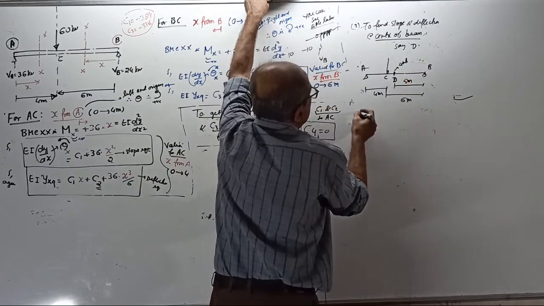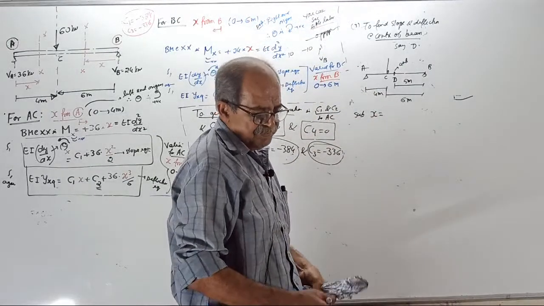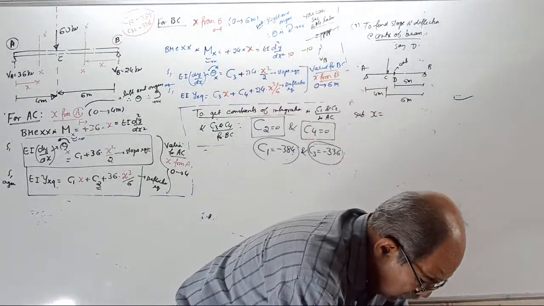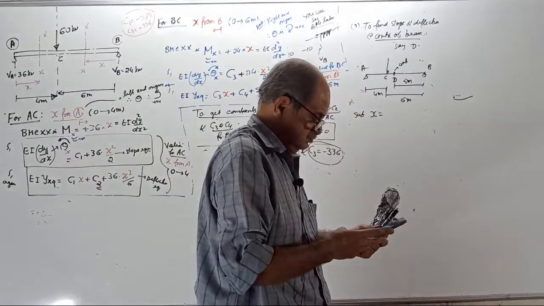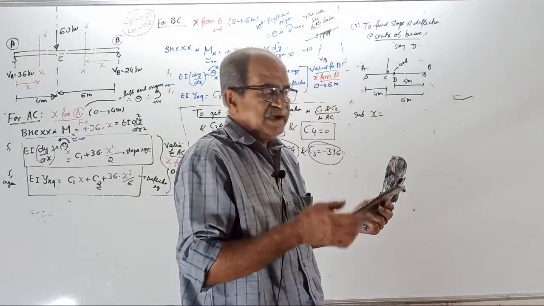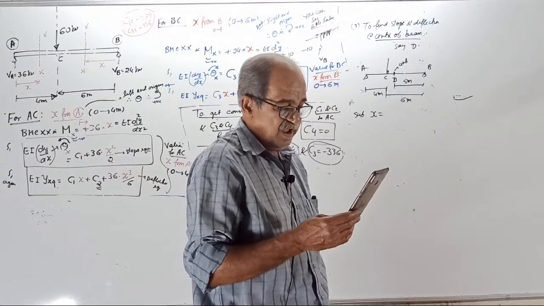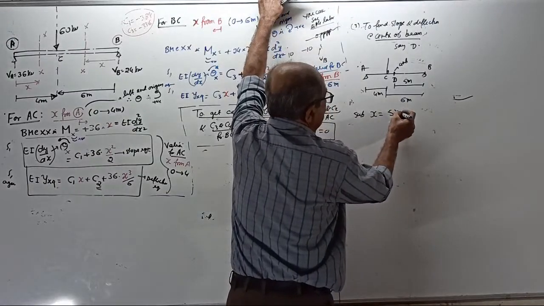Tell me, substitute x equal to how much, to find slope and deflection at the center of the beam? Substitute x equal to 5 meter. Now be careful.